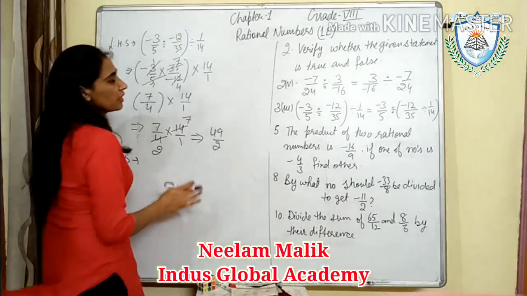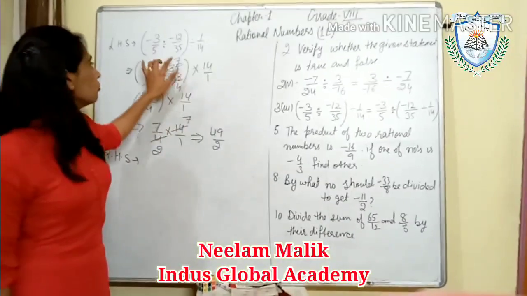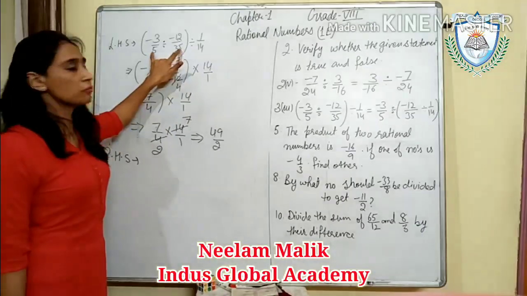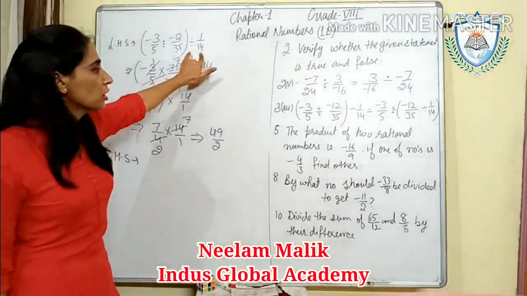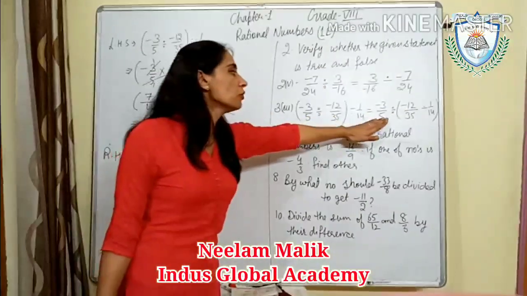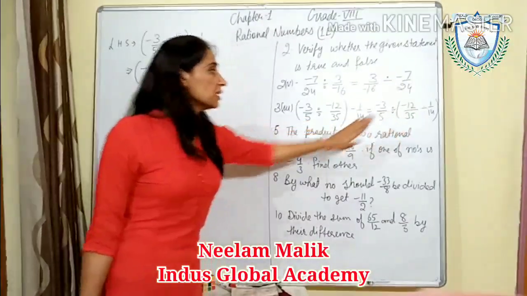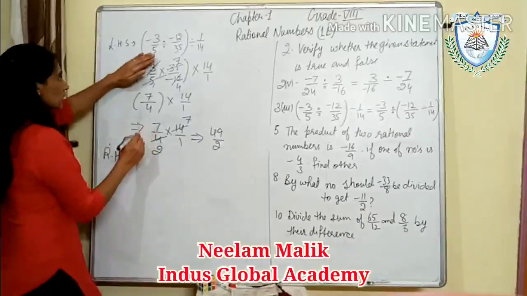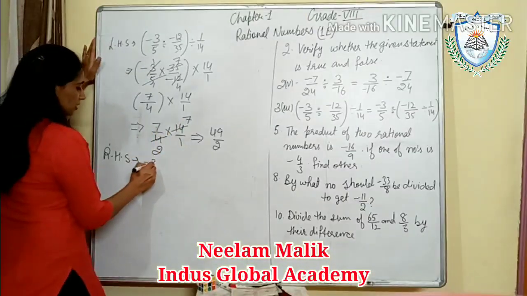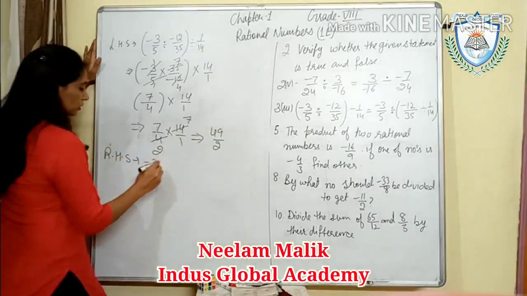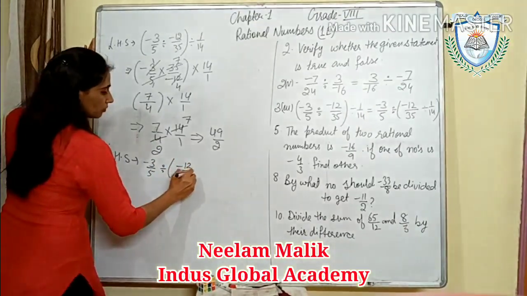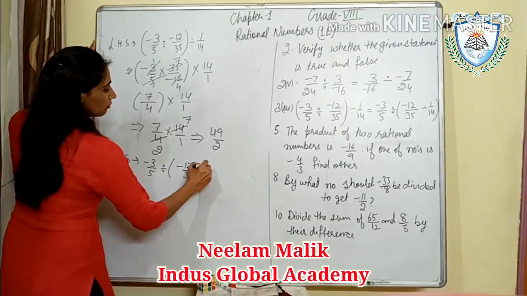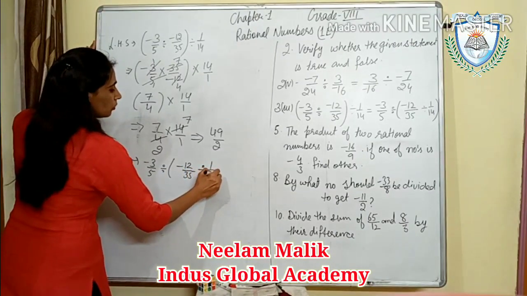What is our right hand side? In the right hand side, on the left we divide A and B first, then with C. But here we will divide B and C first and then with A. So A will be outside. I am writing from there, division within brackets, minus 12 upon 35 divided by 1 upon 40.